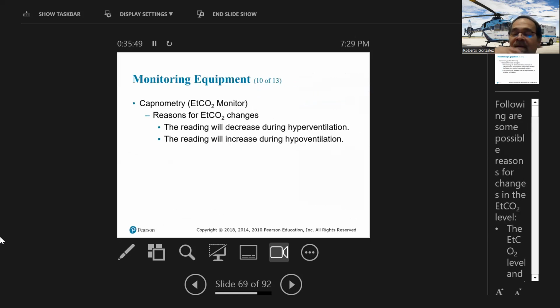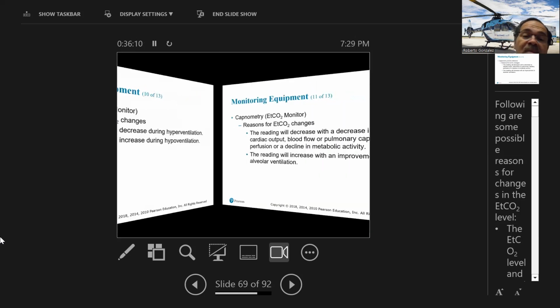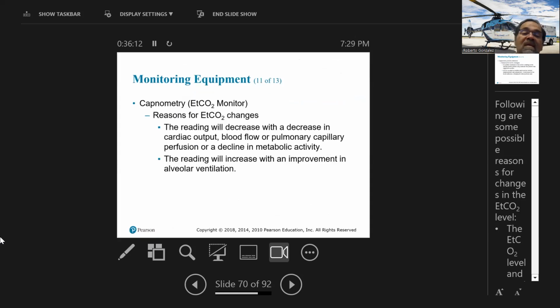And it kind of gets hard to explain away what happens. Just remember that it just checks your CO2 levels. The reading will actually decrease during the hyperventilation syndrome, and the reading will actually increase during hypoventilation. Okay. Reasons for EtCO2 changes.